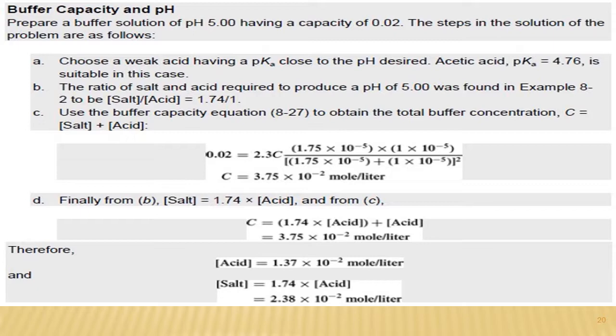You have acid 1.37 and salt 1.74, because this value equals 3.7. So by subtracting the moles of acid from the total, you will get 0.238 for the salt, and this is for the acid.